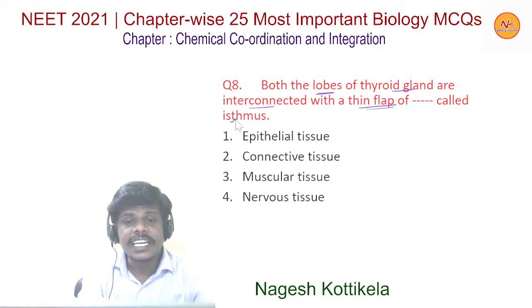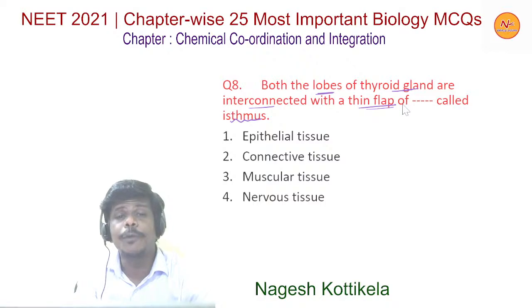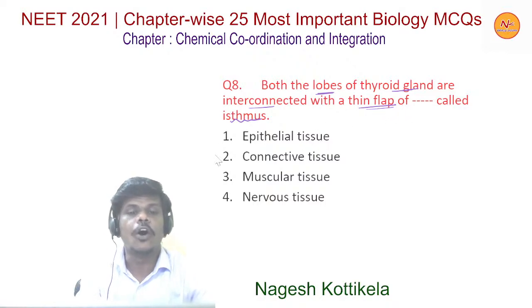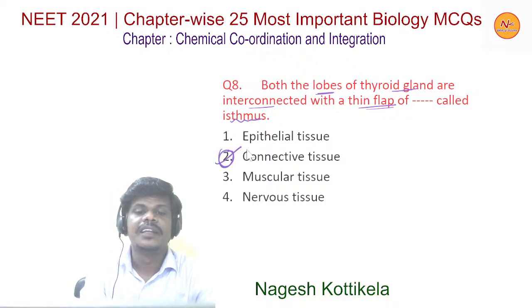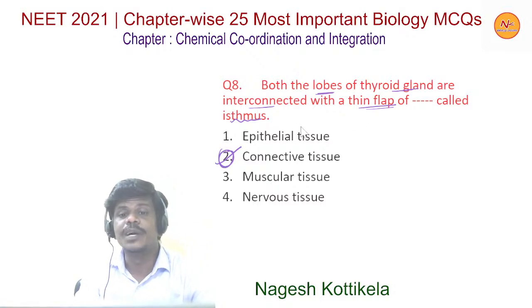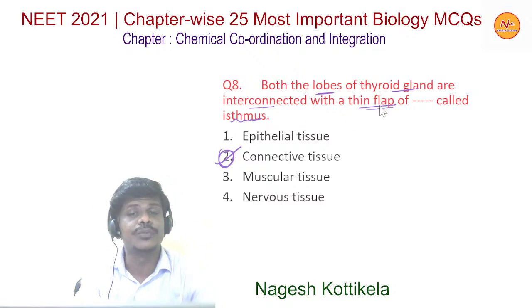And here the isthmus is a thin flap of which tissue? Here the option is the second one, that is connective tissue. So isthmus is a thin flap of connective tissue, and it is interconnecting the lobes of thyroid gland.